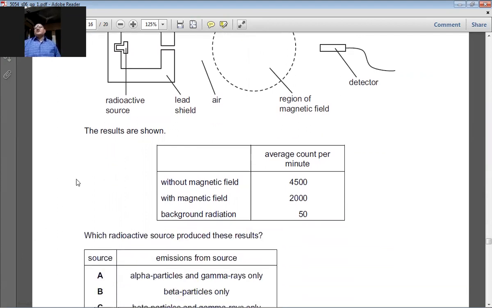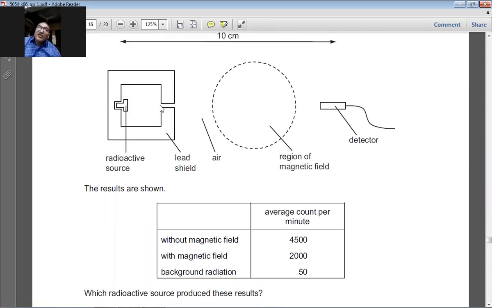So the results are shown without magnetic field. Average count per minute without the magnetic field is 4,500. So most of the radiation is passing, and it's able to reach the detector. Then we have the magnetic field. So when you switch on the magnetic field, the radiation which is reaching the detector is now only 2000.